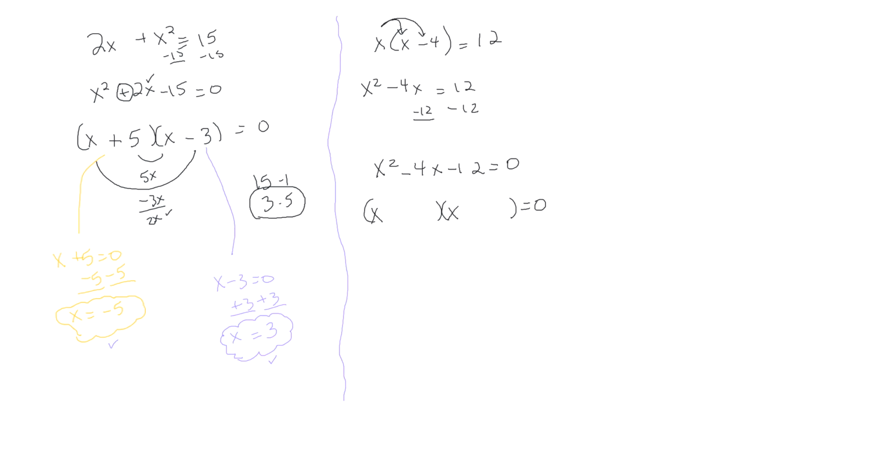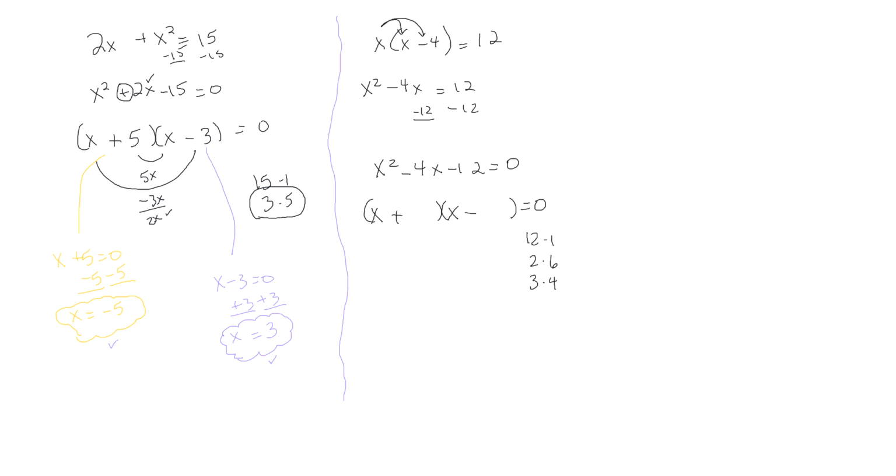That sign's negative. I'm going to have different signs. I need to have my middle one have a difference of 4. So I need two things that multiply to give me 12, but have a difference of 4.